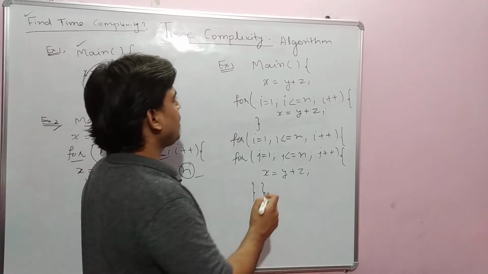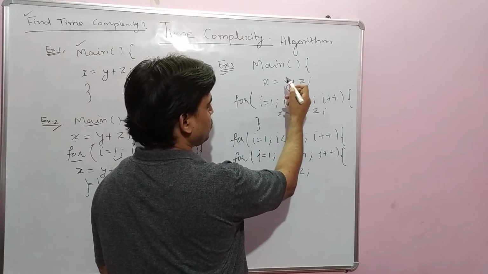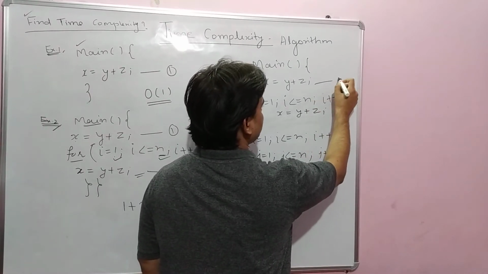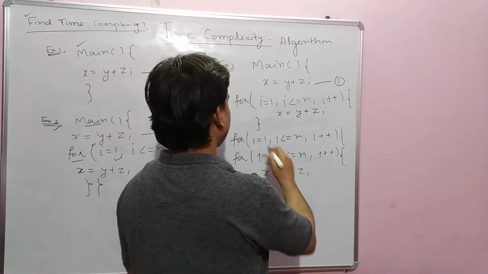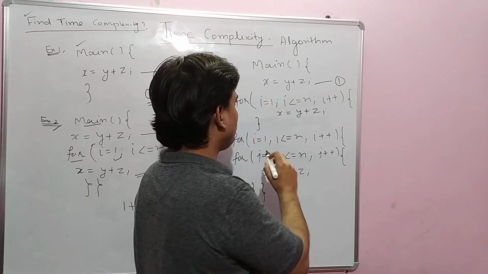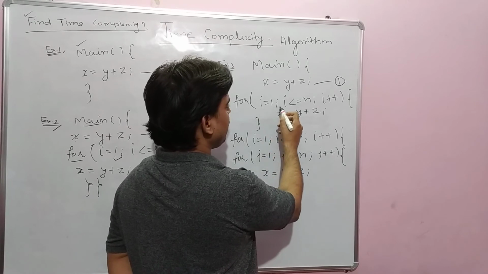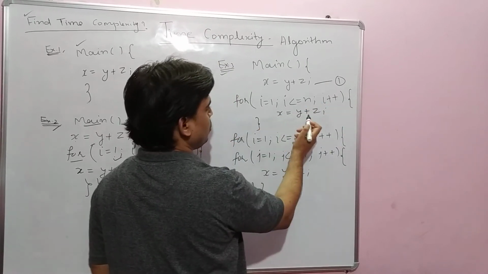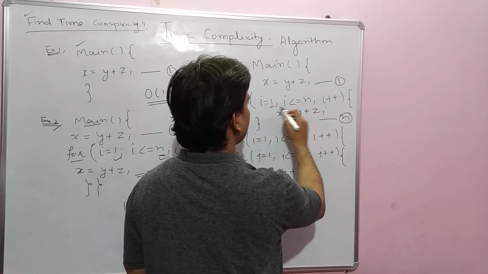Now the next one is the main method, and x equals y plus z will also execute one time. It is a normal statement. Another one is a for loop, i equals 1, i less than n, i plus plus, which will also execute n times, 1 to n.